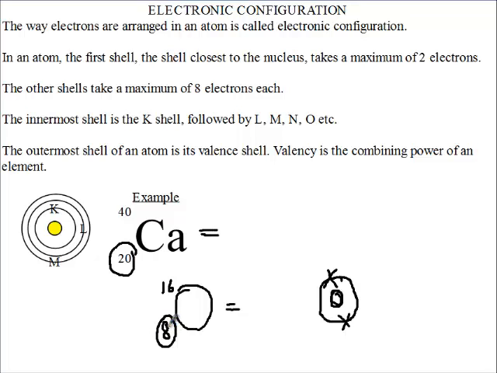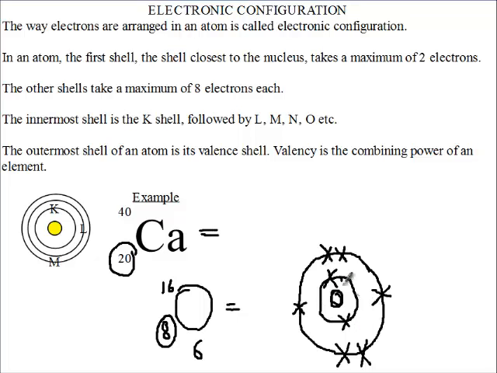So when I take 2 away from 8, I'm left with 6 electrons that I need to put on a shell. That means the next shell is going to take all these 6 electrons. So I'm going to have 1, 2, 3, 4, 5, and 6.